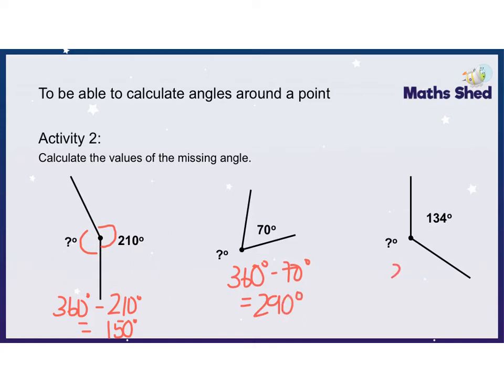And the final one, 360 degrees take away 134 degrees, which would leave me with, I'm just doing my mental maths, 226 degrees. Let's just check. 30, 60, yes, that's correct.